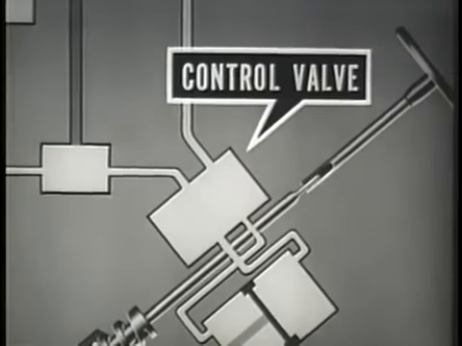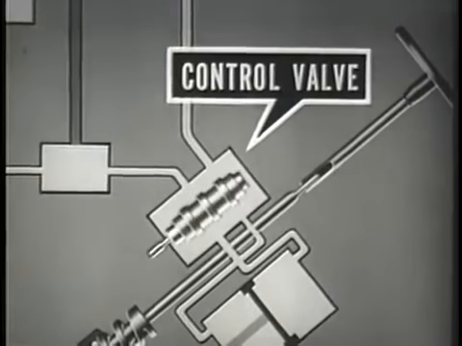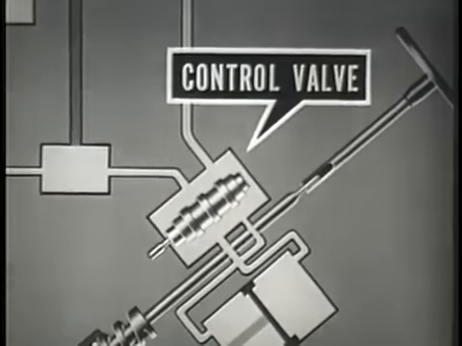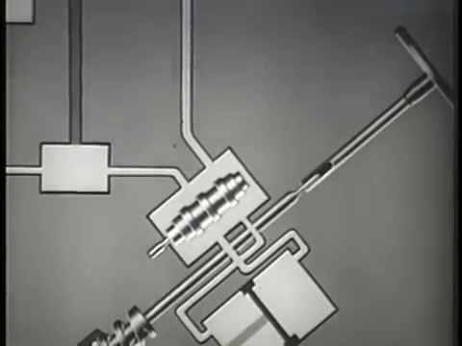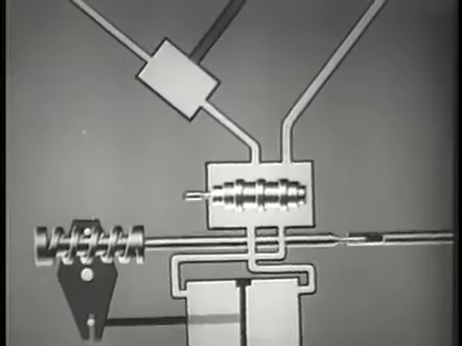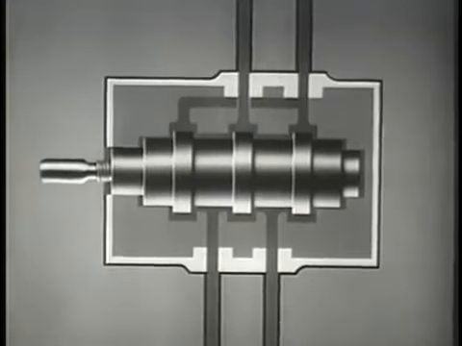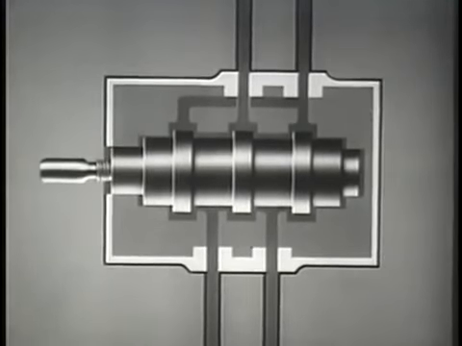The control valve is the heart of the hydraulic steering system. The control valve has a spool which directs and controls the flow of fluid to the power cylinder. With the fluid removed, let us look at the internal construction of the control valve.